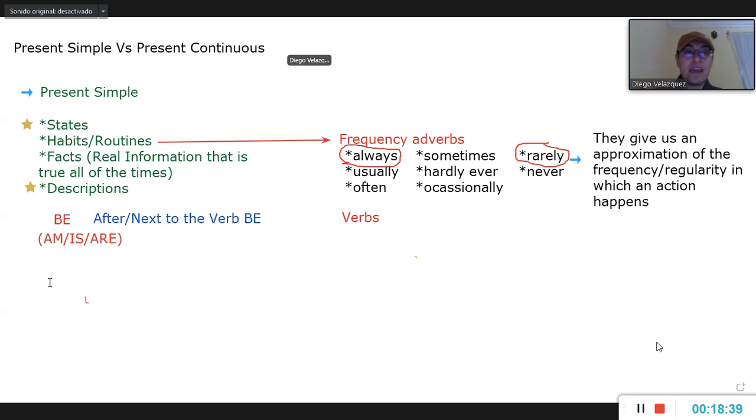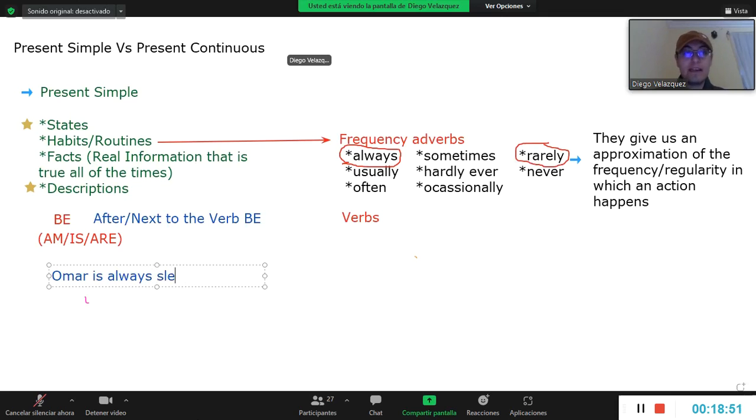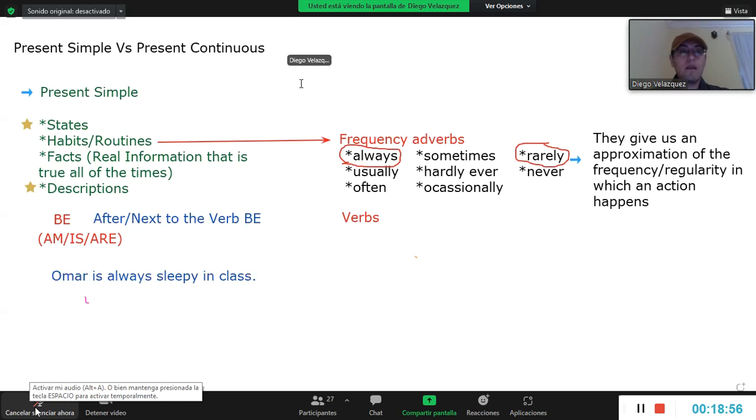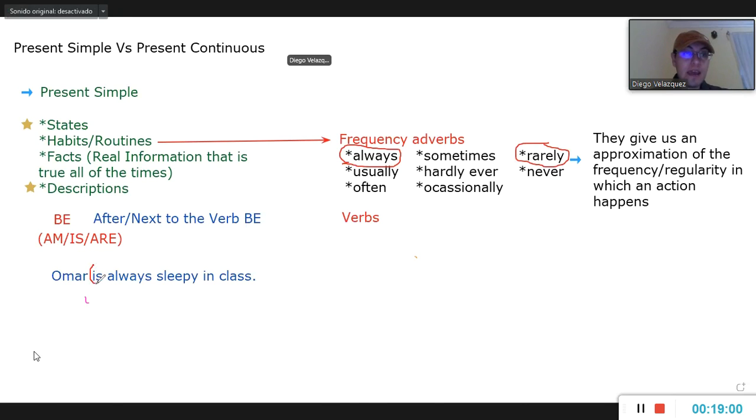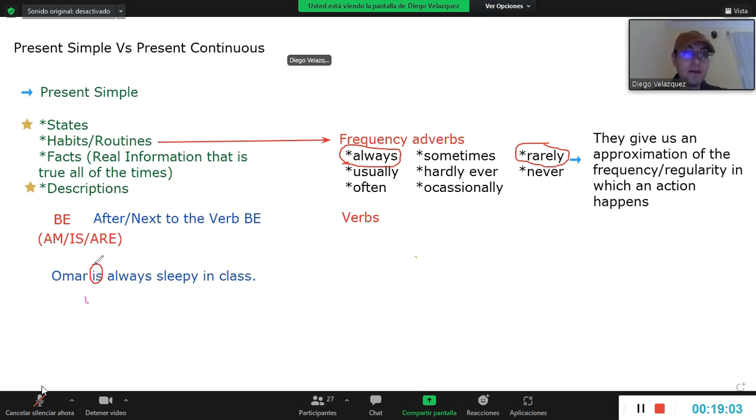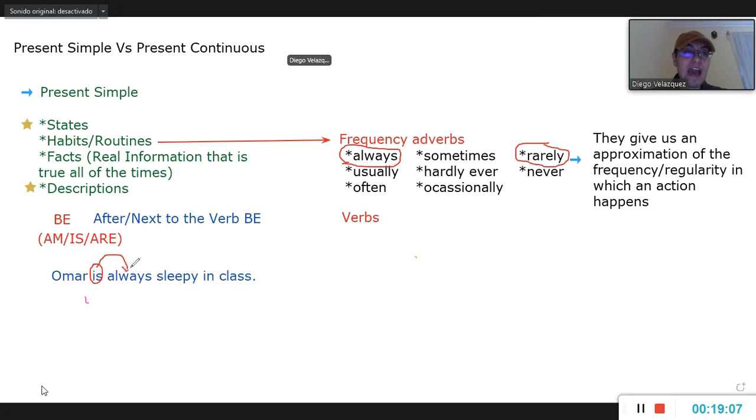For example, in this case, guys, if I tell you, Omar is always, I don't know, sleepy in class. Okay, attention in here, guys. As you can observe, I use the verb to be in here, but the frequency adverb is after, next to the verb to be, okay?